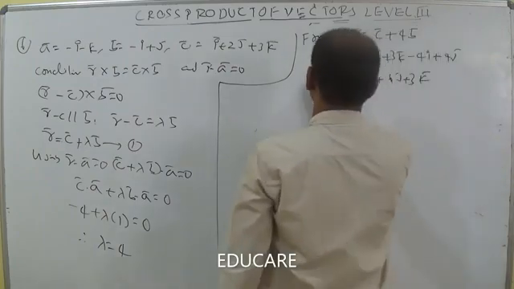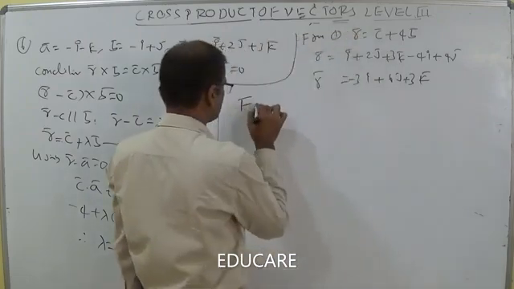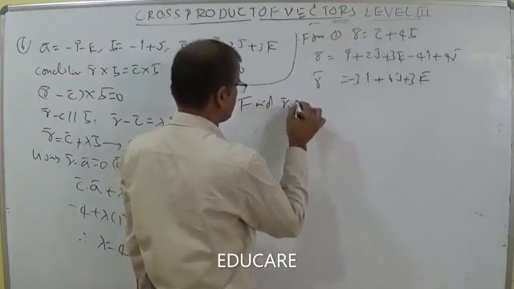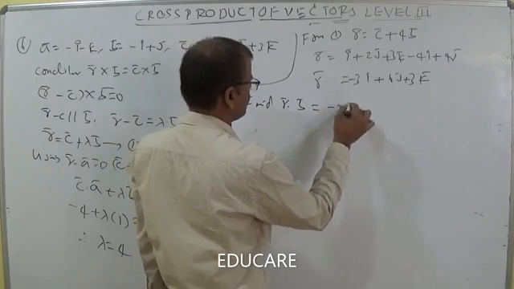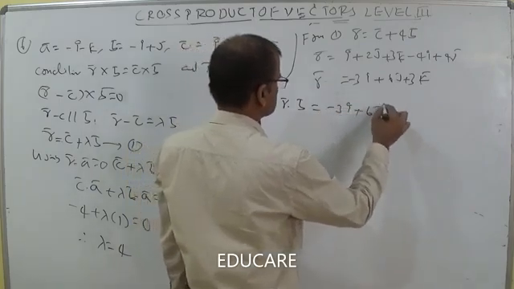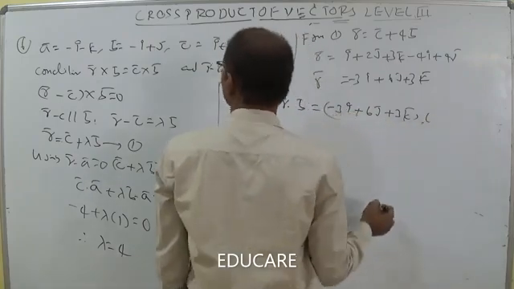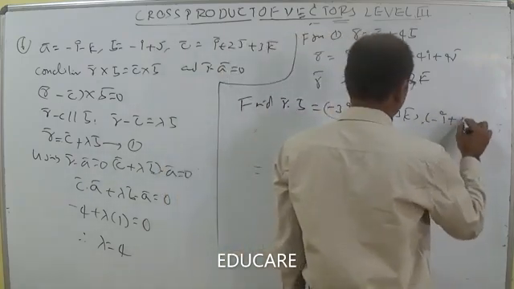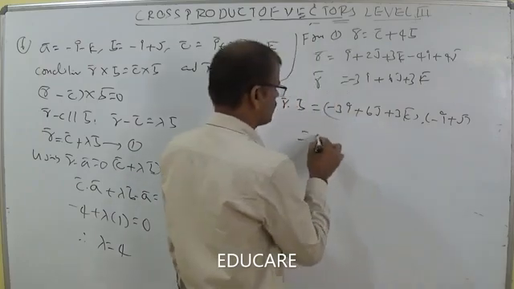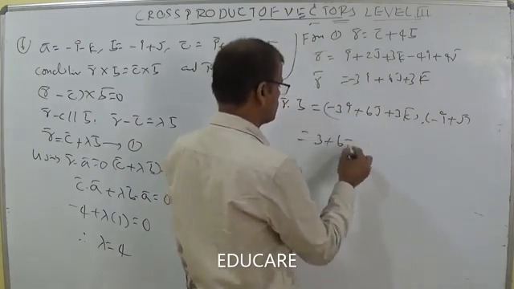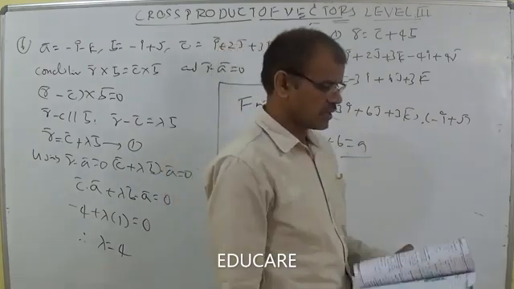This is R bar. Now we should find R bar dot B bar. Minus 3I plus 6J plus 3K dot, what is the value of B? Minus I plus J. Now you can write 3 plus 6, it becomes 9. 9 is the correct answer.